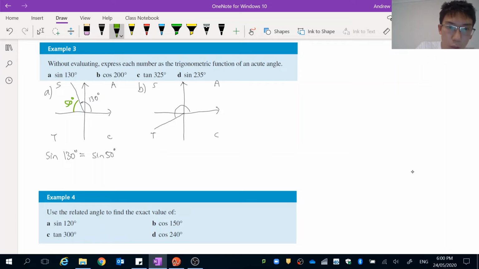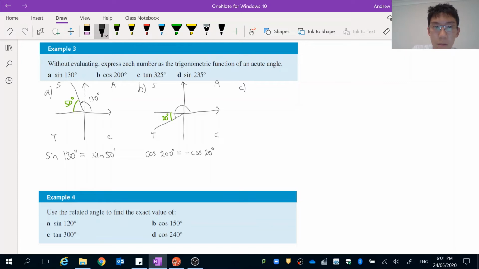Now we do want this angle here, the angle with the x-axis, 20 degrees. That means cos 200 degrees is going to have the same value as cos 20 degrees, but since this is in the T quadrant, it'll just be negative. Because that's all they want here, we don't need to evaluate that right now.